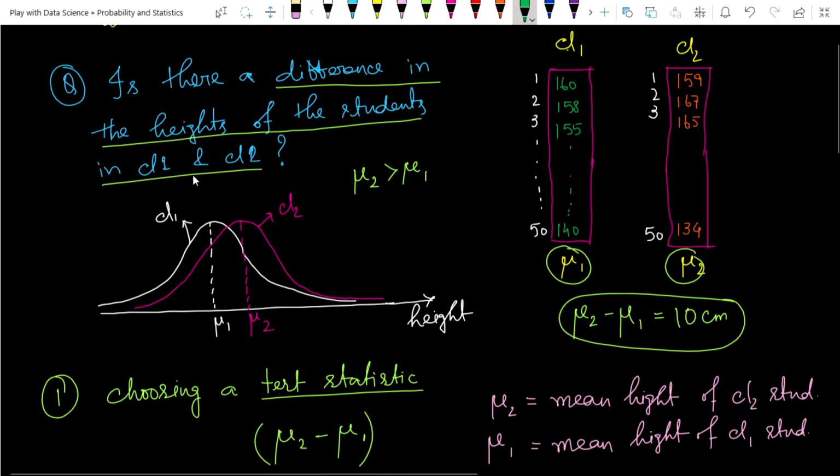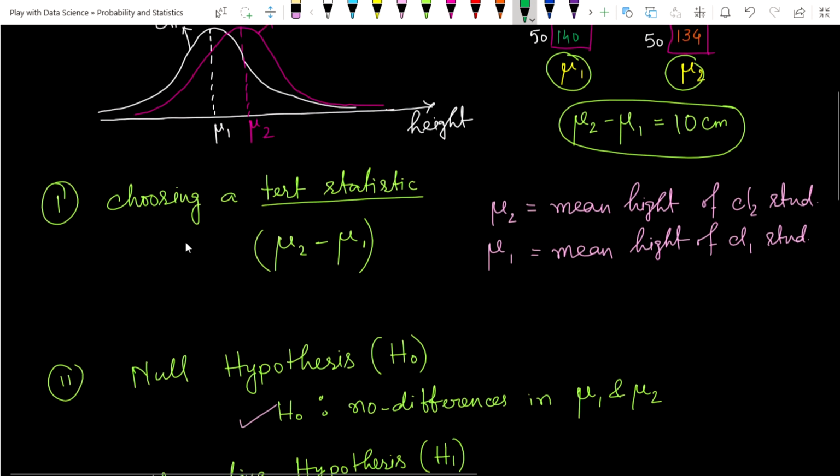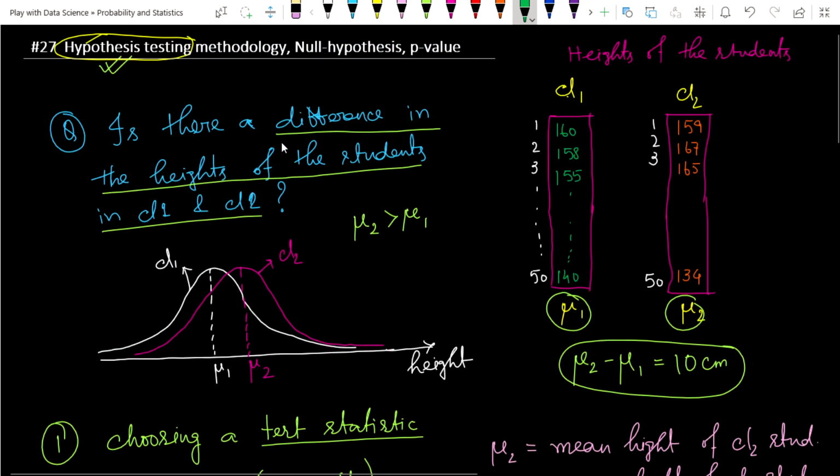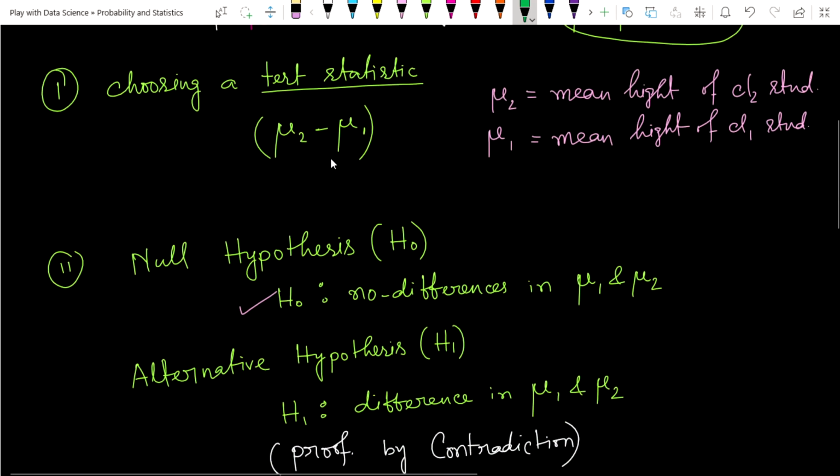The first job that we have to do is to design the test statistic according to our problem. We have to understand the problem intuitively, and on the basis of the observed values we build our test statistic.